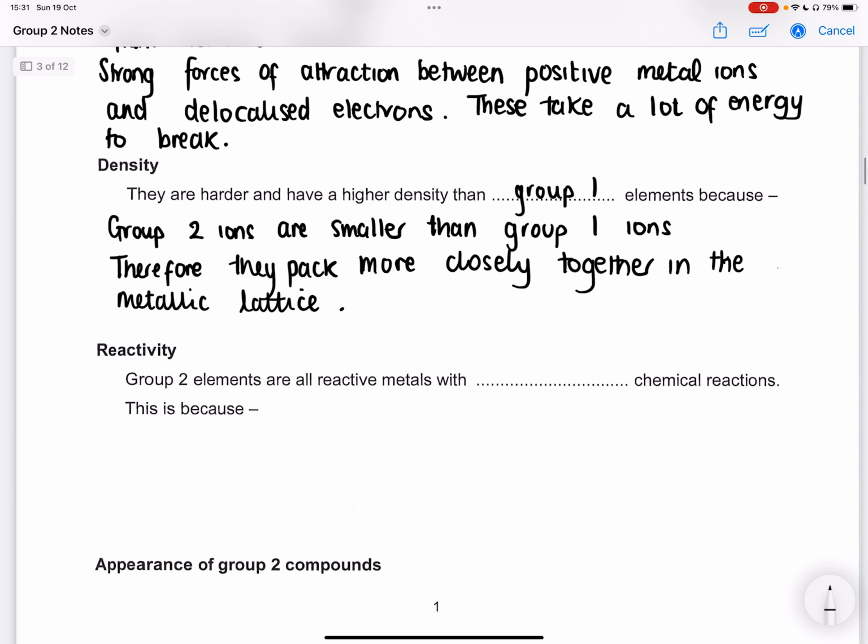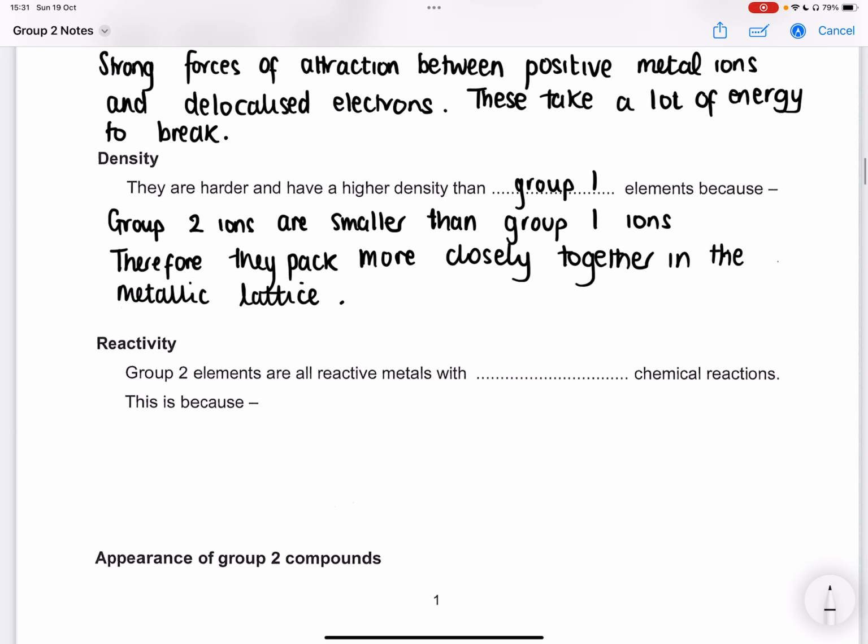Reactivity. Group 2 metals are all reactive and they all have similar chemical reactions. Why does anything in the same group have a similar reaction? It's all because of outer shell electrons.